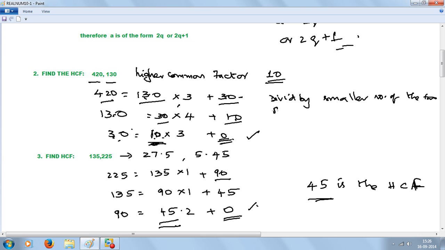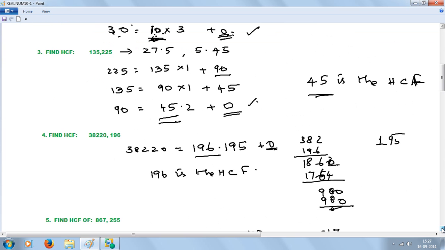Next, divide the smaller number by the remainder of the previous line, the remainder of the first one. We repeat the same process till the remainder becomes 0 and we get the highest common factor.